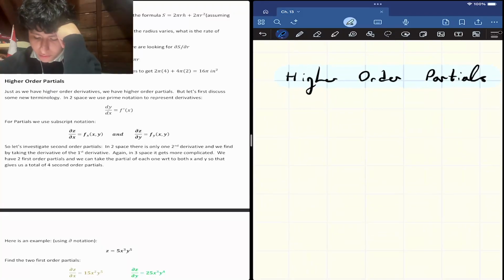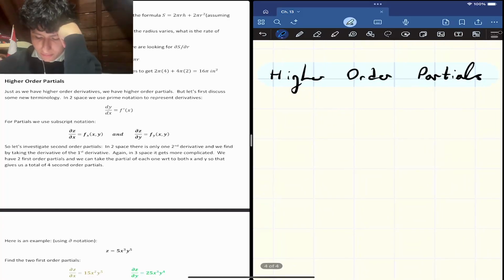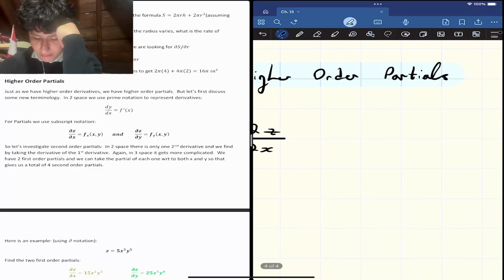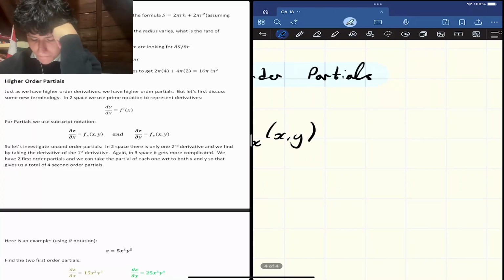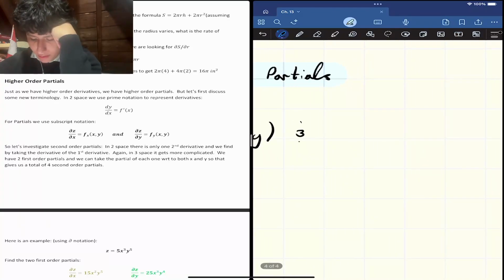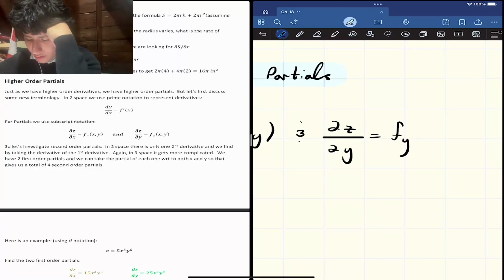For partials, we use subscript notation. So for example, if we were to do the partial of z with respect to x, it would be equal to f sub x of x comma y. And then if you were to take the partial of z with respect to y, it would now be f sub y of x comma y.